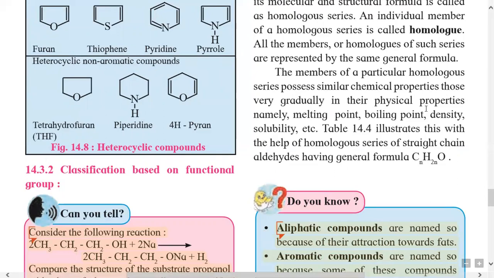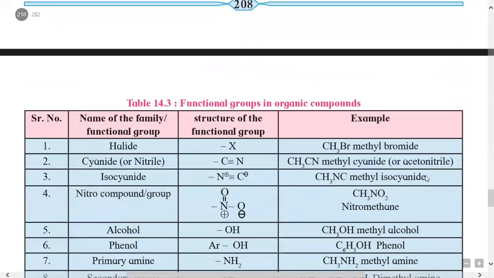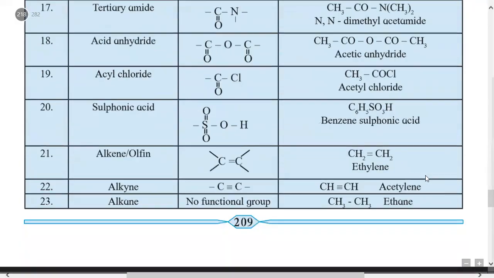Here, one example of a homologous series given is the homologous series of aldehydes containing straight chain, with general formula CnH2nO. In this formula, n is the number of carbon atoms.